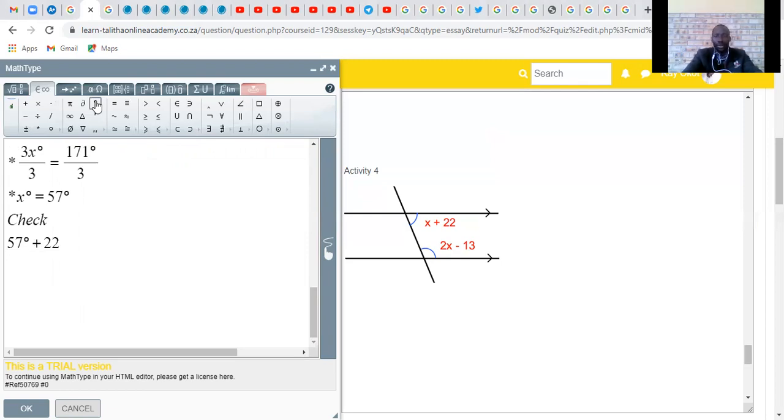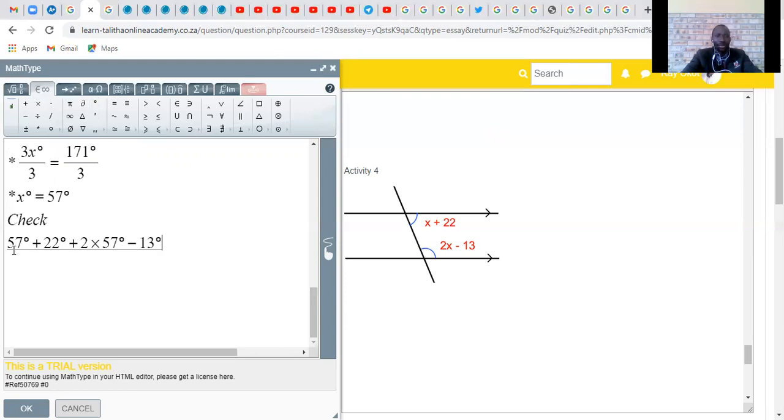Now we want to add that to 2x minus 13, so 2 times 57, minus 13. We want to see if what we get is 180.